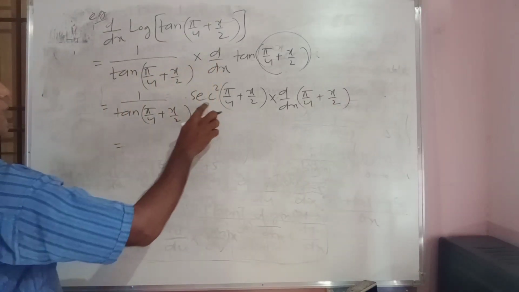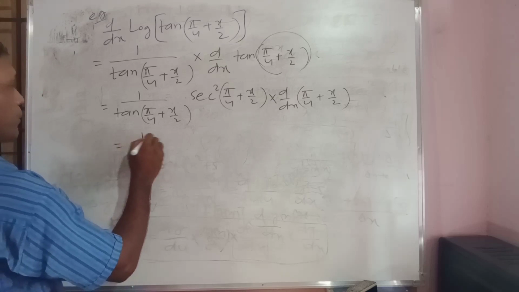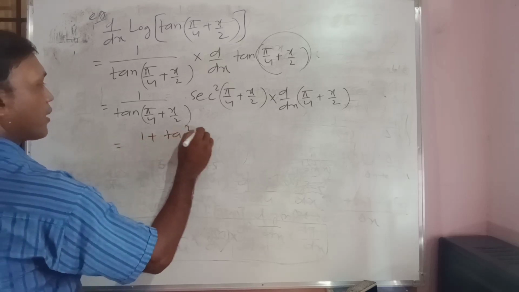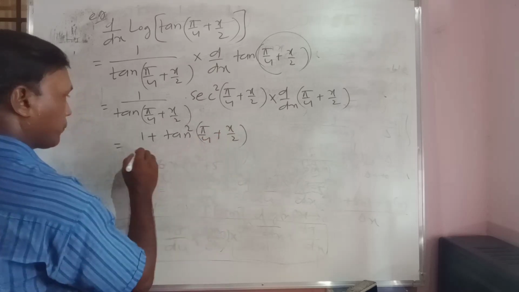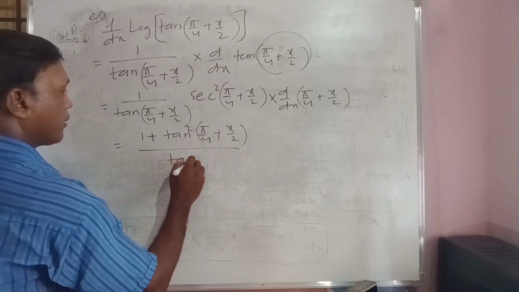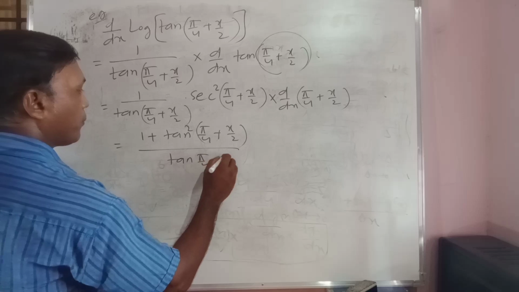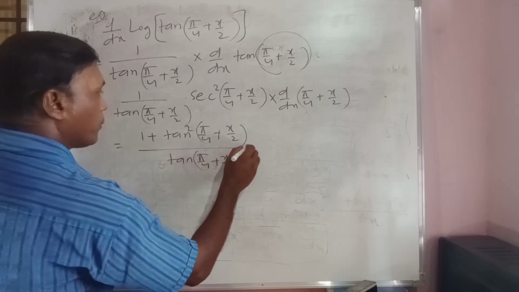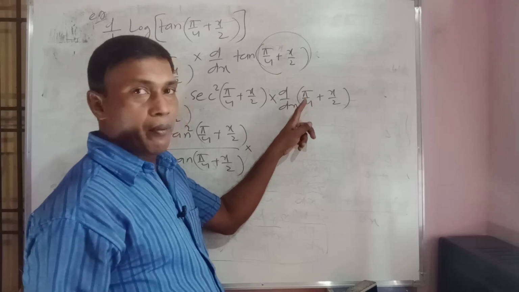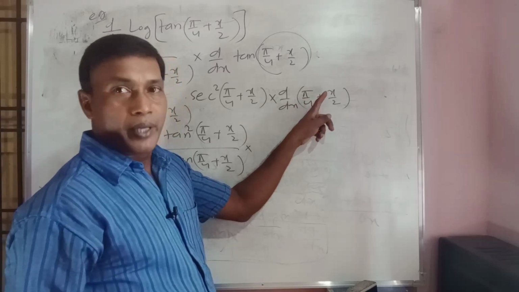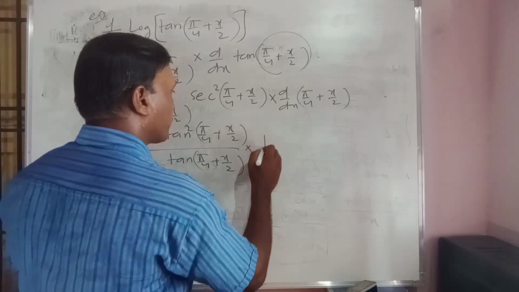This is sec square theta, which is 1 plus tan square theta, meaning (1 plus tan square (pi by 4 plus x by 2)) divided by tan (pi by 4 plus x by 2), into the derivative using the addition formula. The derivative of pi by 4 is 0 and the derivative of x by 2 is 1 by 2.